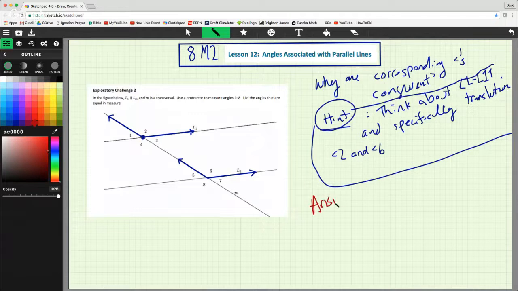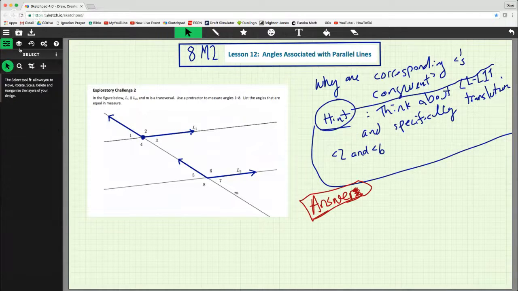And here's the answer. Let me see if I can do this by selecting.